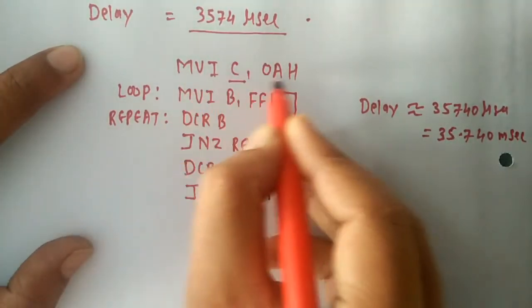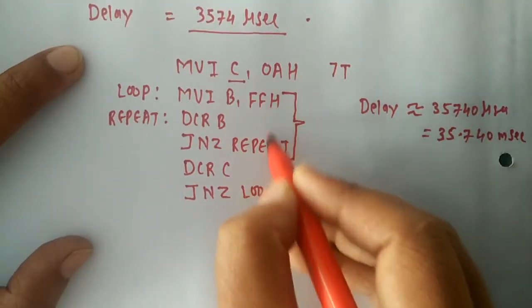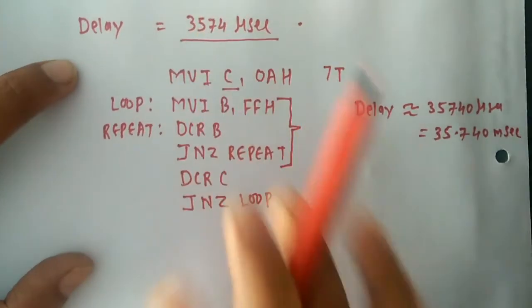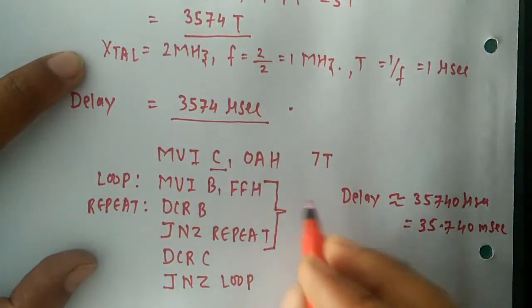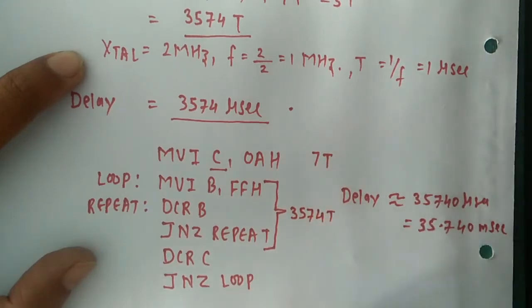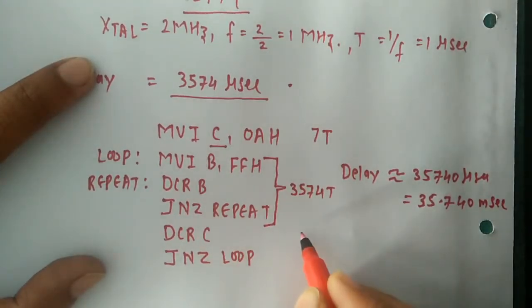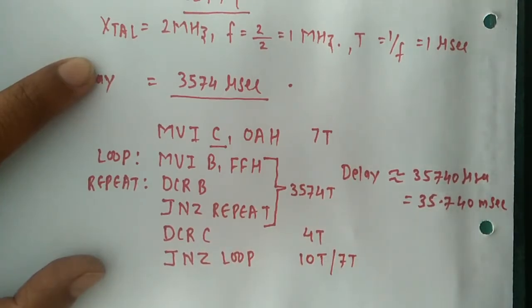Alright, so let us see. This instruction will take 7 T states, and for these three instructions we have already calculated that they take 3574 T states. So I am going to write it here, 3574 T states. Then DCR C will take 4 T states, and JNZ loop, as before, when it finds the condition true it will take 10 T states, and for false condition it will take 7 T states.